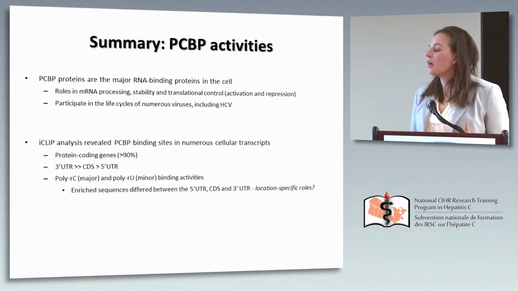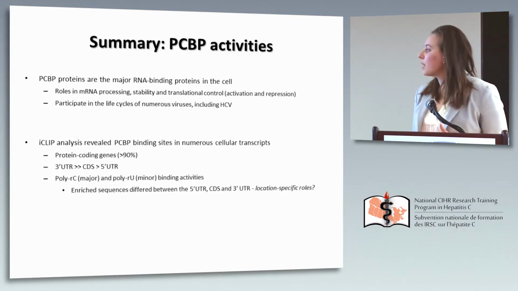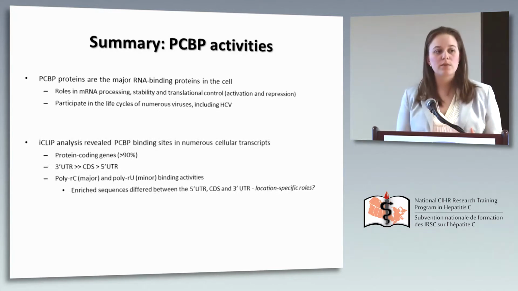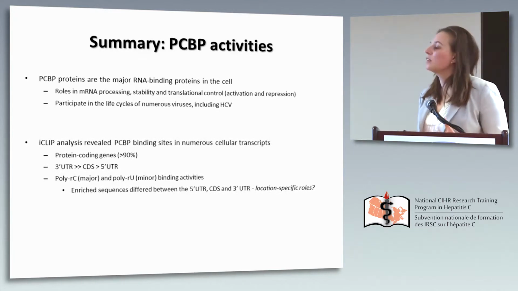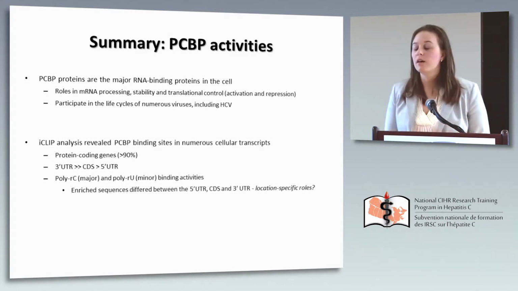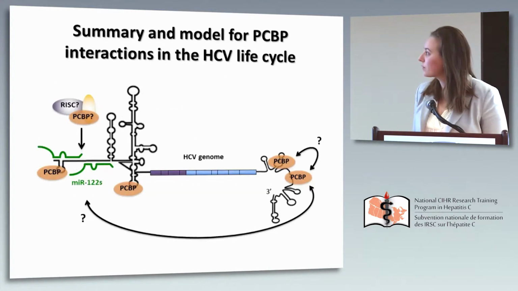And they were enriched in poly-C or poly-U sequences. And the enriched sequences differed between the 5' UTR, the coding sequence, and the 3' UTR, suggesting that there may be location-specific roles for the poly-rC binding proteins in mediating their effects.